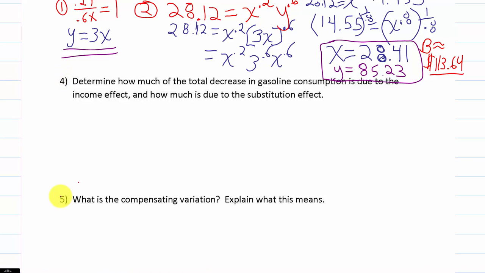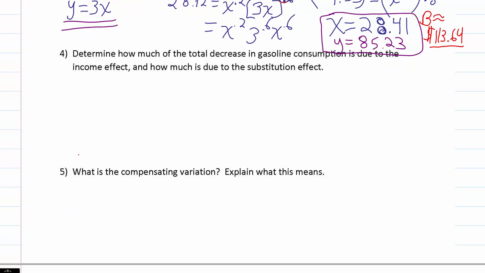So the next part, kind of the final part of this problem, is let's calculate what we call the compensating variation. So the compensating variation is asking the question, how much money would it take to get this person back to their old utility level at the new prices? Okay, so that's compensating variation.